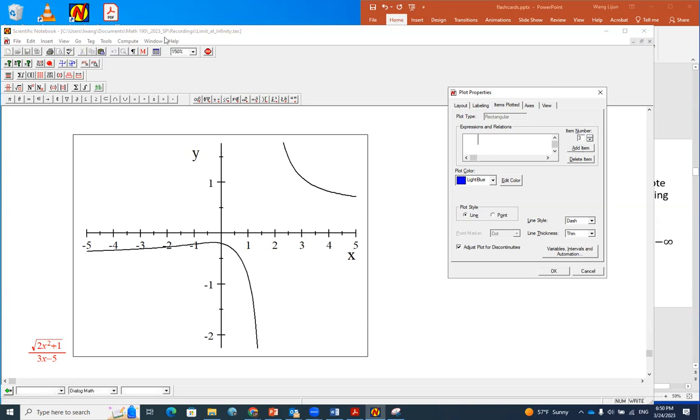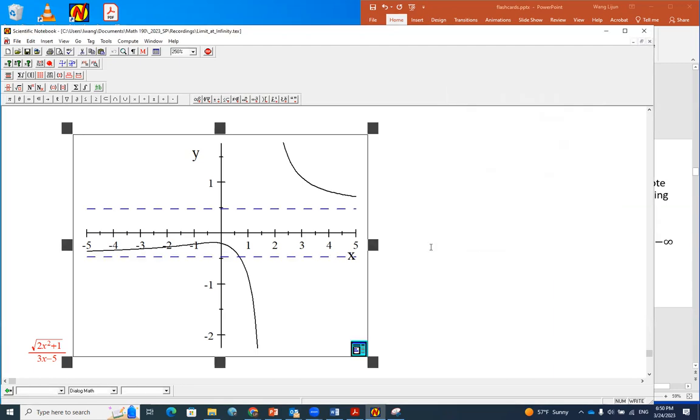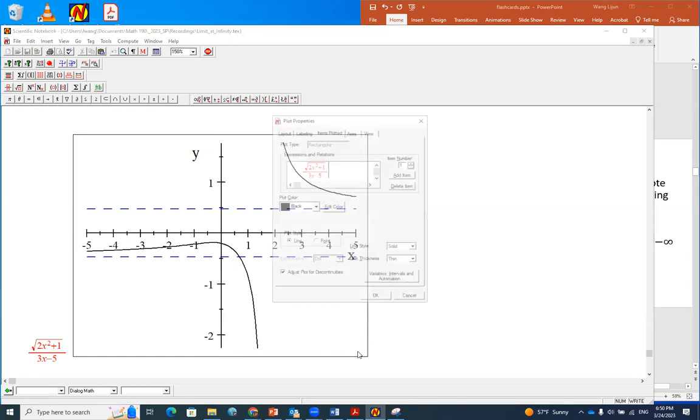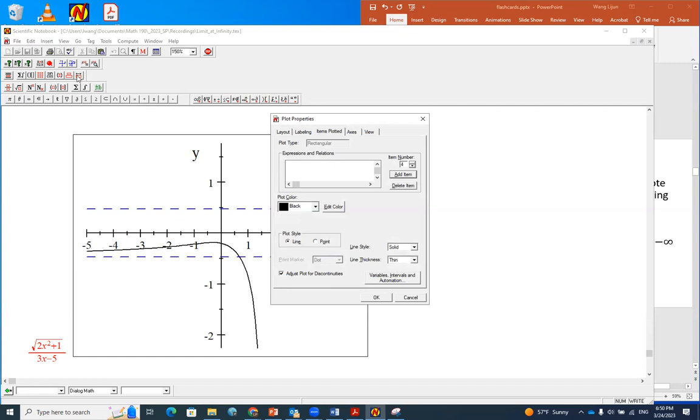We have another one, which is negative. And here we go, horizontal asymptote. And the vertical asymptote, 5/3.